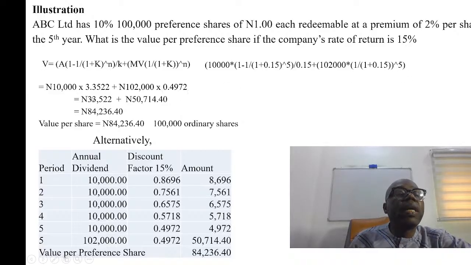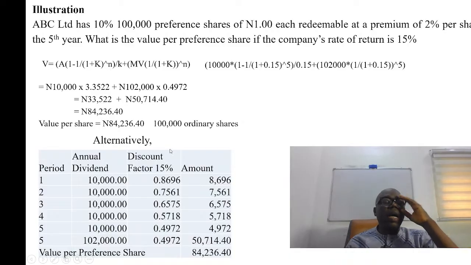So when you multiply it, you have 33,522 naira plus 50,114 naira 40 kobo. If you add it, you have 84,236 naira 40 kobo. So that's what is going to be redeemed. Then the value per share will be this. That is for the 100 ordinary shares.